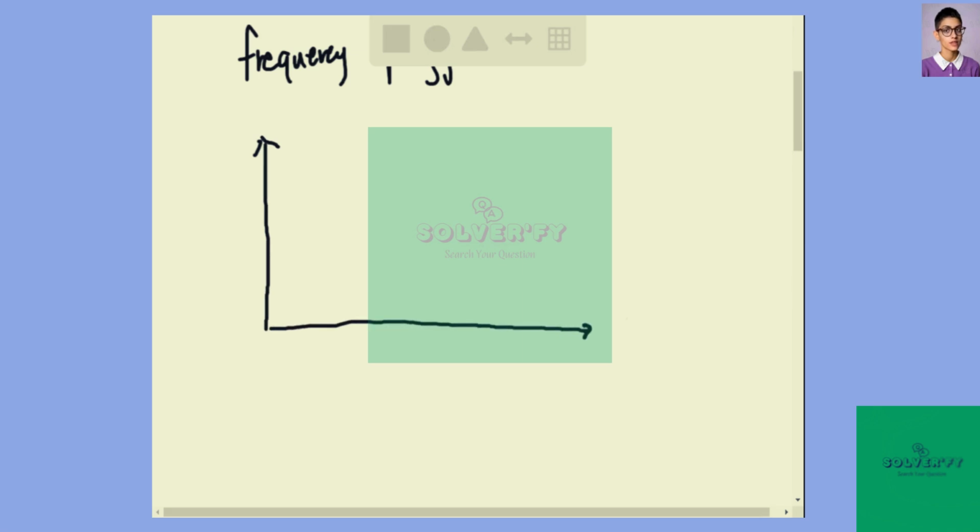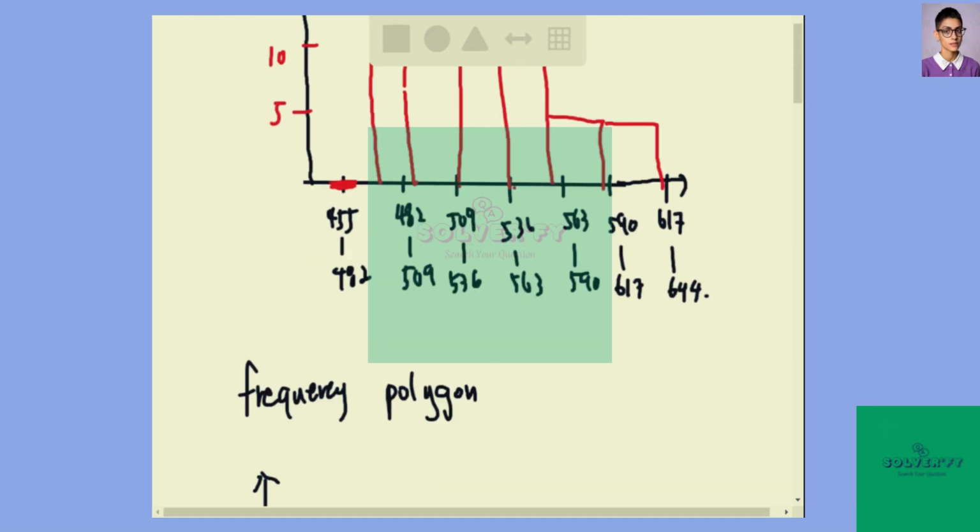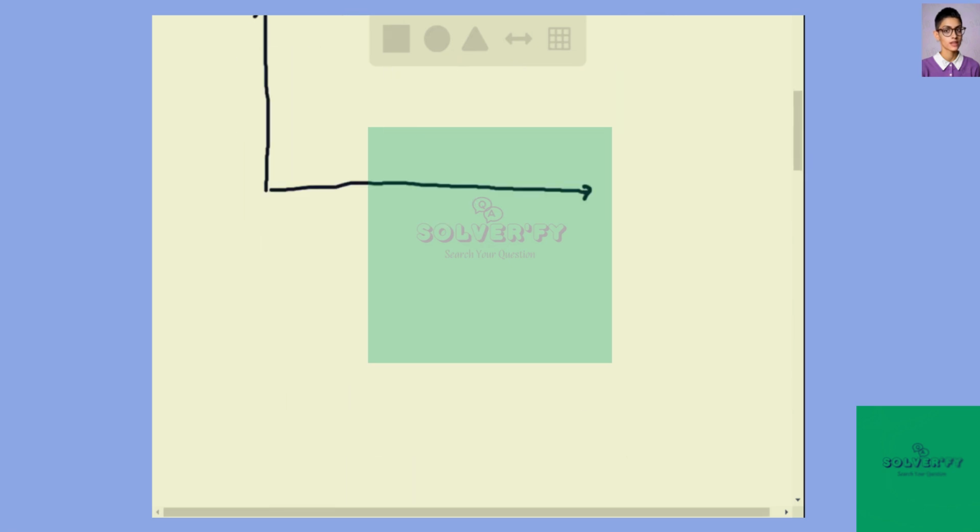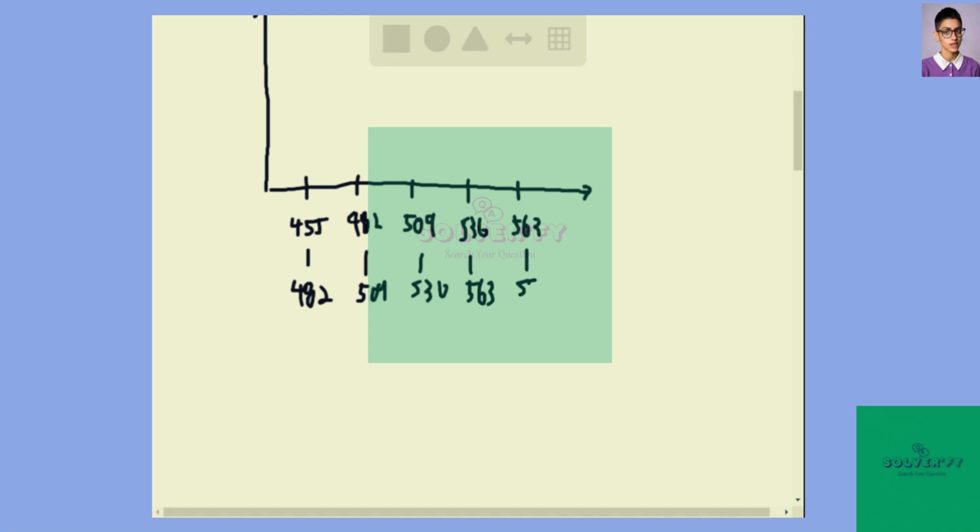And your horizontal axis will be your class limits. 455 to 482. And 482 to 509. And 509 to 536, 536 to 563, and 563 to 590, and 590 to 617, and the last one here. It should be 617 to 644.